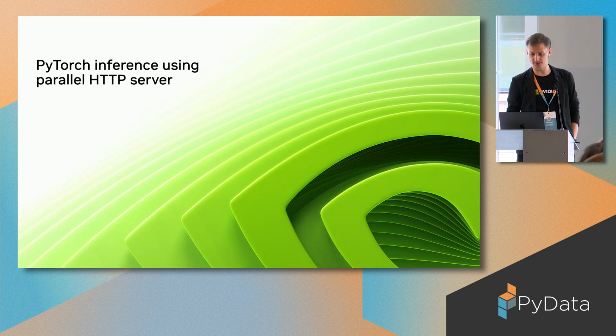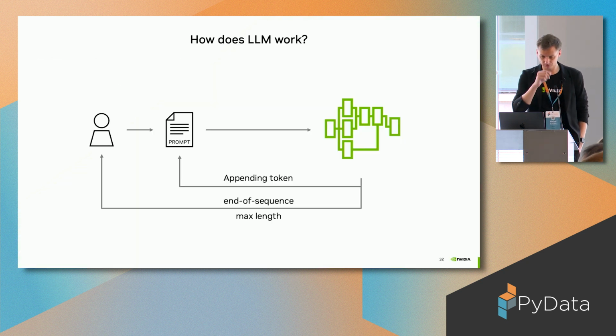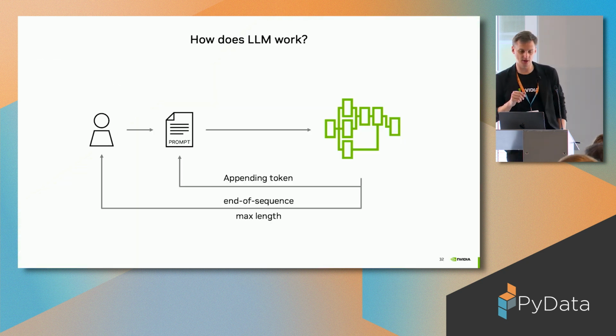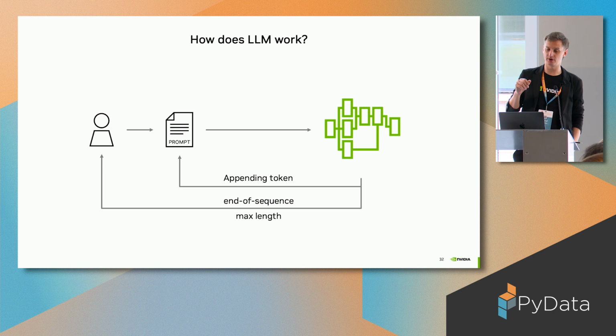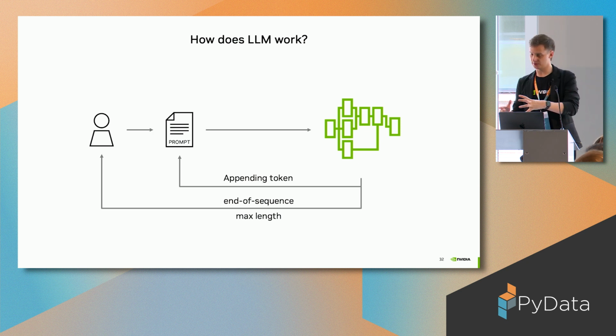The second one is PyTorch inference using a parallel HTTP server. This was actually an LLM. Let me remind you how LLMs work. I have an LLM on the right side of the screen, and I have a prompt; the prompt goes in the input of the LLM.